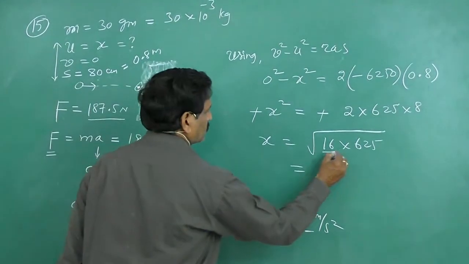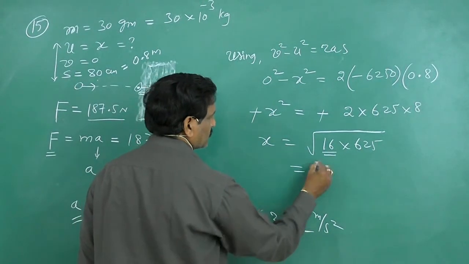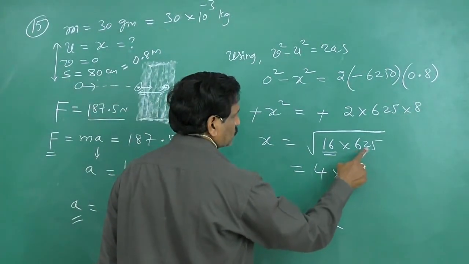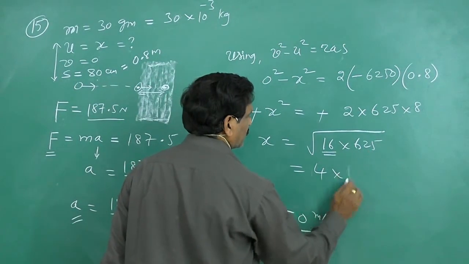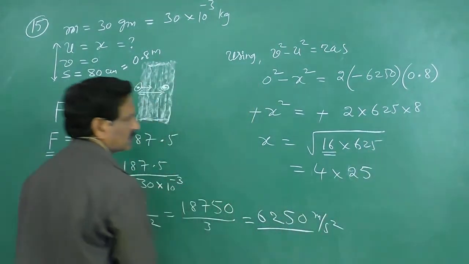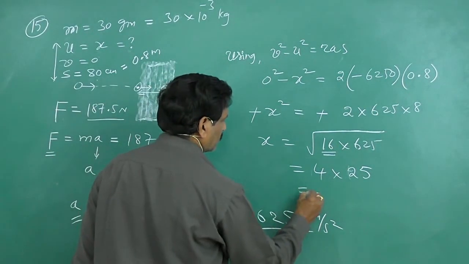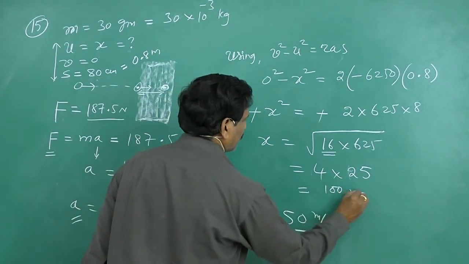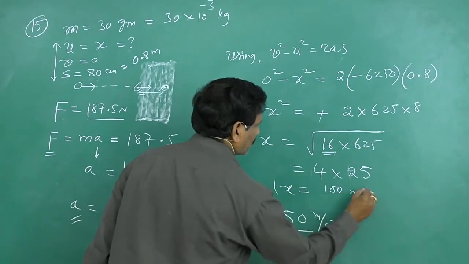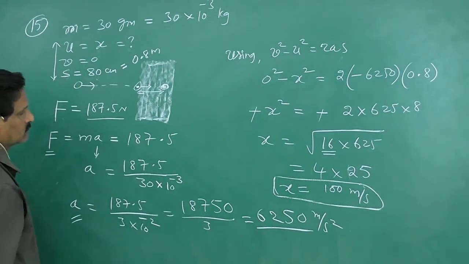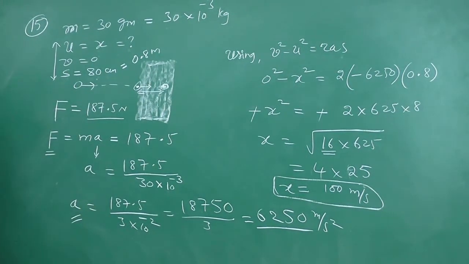So 16 comes out from the root as 4, into 625. Square root of 625 is 25. So 25 into 4 is 100 meter per second, because this is velocity. So the initial velocity is 100 meter per second.